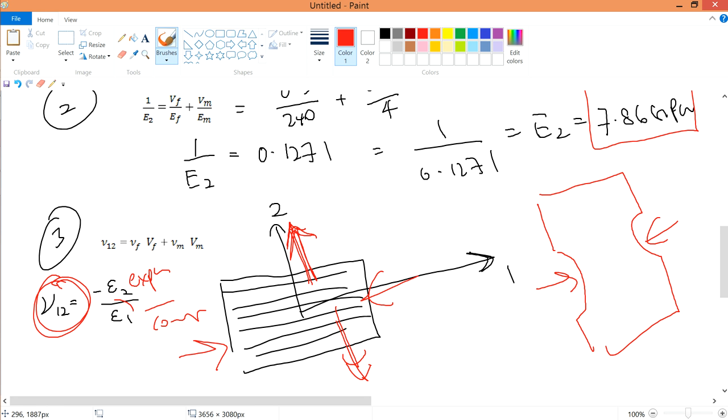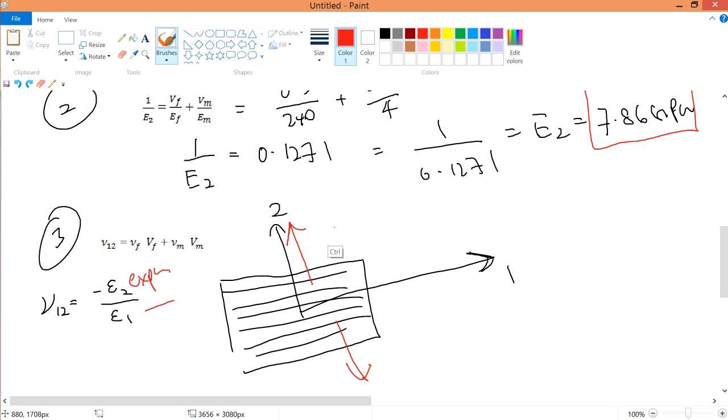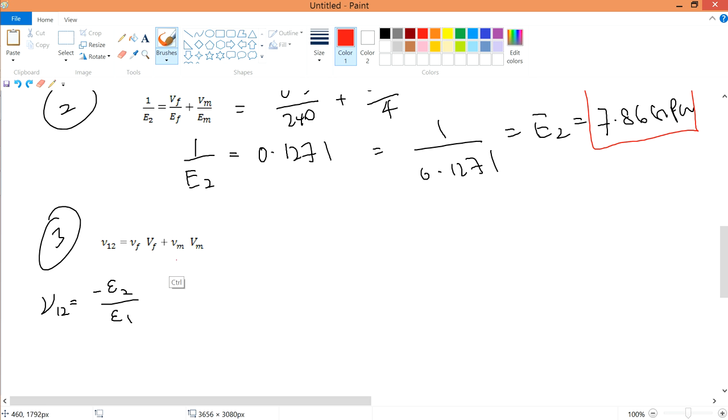Therefore the compression is in the one direction, and if the compression is going in the negative one, this is why we have a negative sign over here. But in any case, we are not using this formula. I will only use this one. I just want to show you the meaning behind this Poisson ratio 1 2.